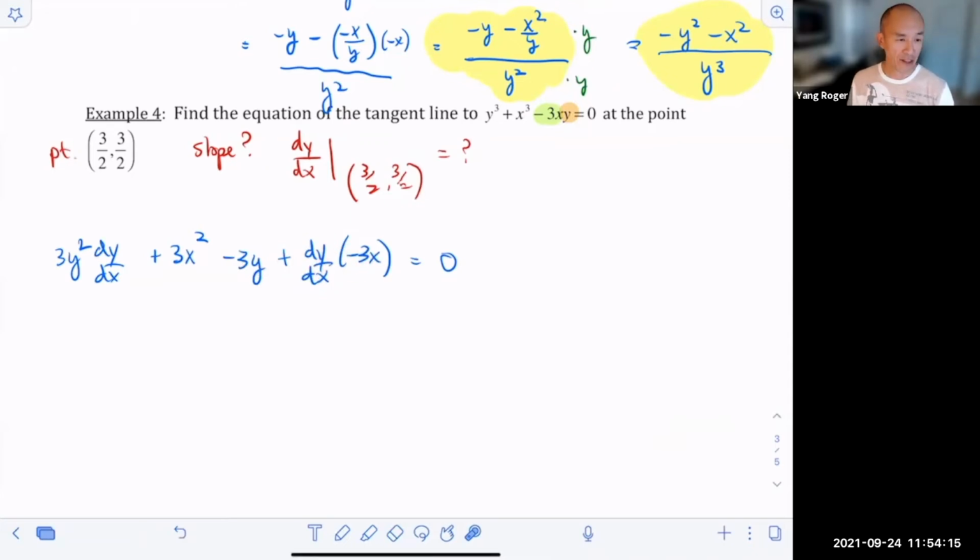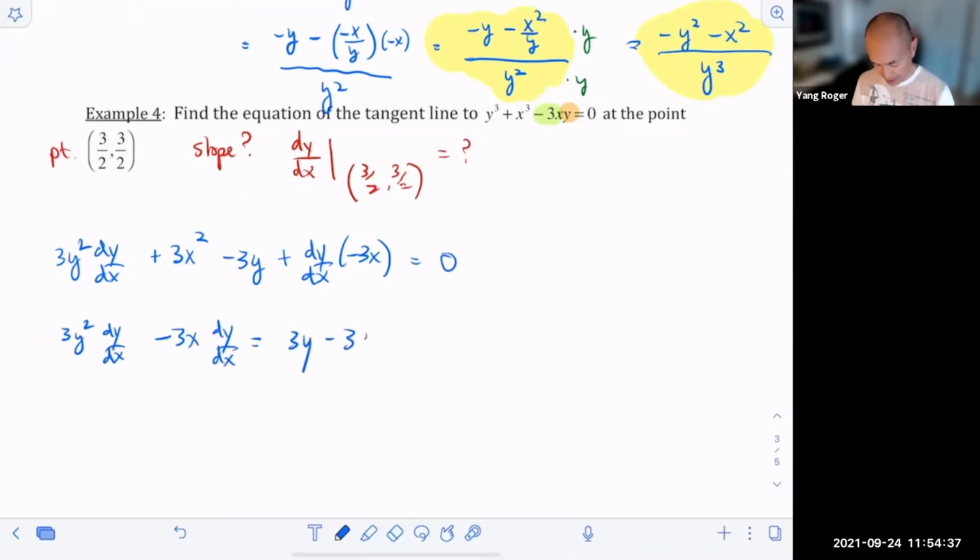Now I want to keep everything involving dy/dx on one side, and move everything else to the other. So this is going to give me 3y squared dy/dx plus, really I could write this as a negative 3x dy/dx, equal to 3y. We add 3y to both sides, and subtract 3x squared from both sides.